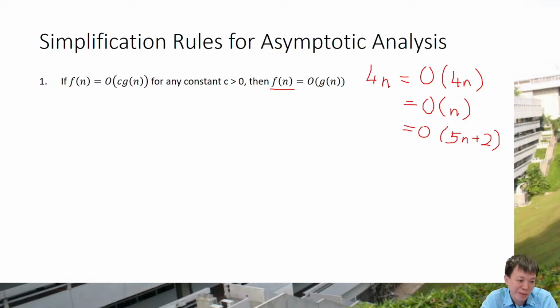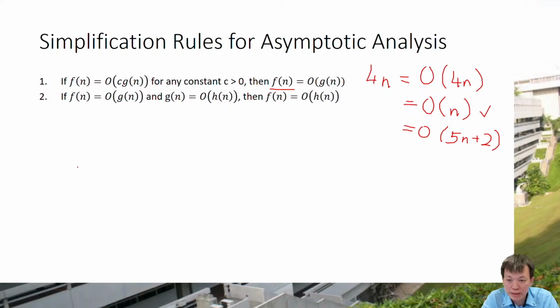It's correct based on the definition. I can definitely find some constant c and some n-naught such that 5n + 2 is always bounded above 4n, so I can conclude that f(n) is in O(5n + 2). But ideally, we just need to know this is a linear function in practice.